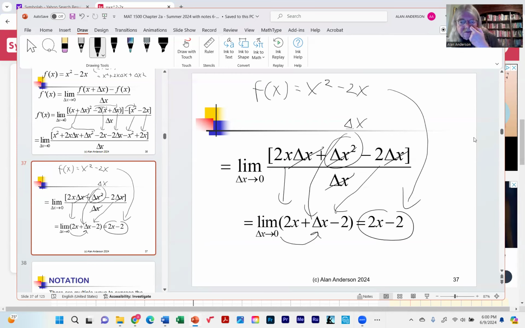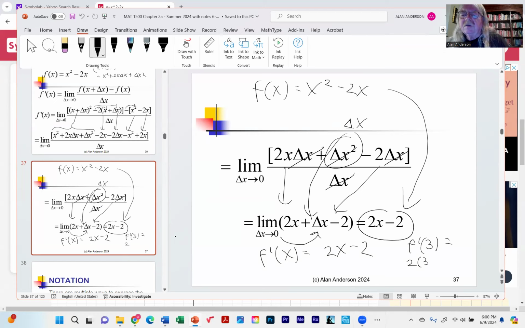And also, let me just make it clear here that this is f prime of x. So if, for example, I want to know the derivative when x equals 3, it would be 2 times 3 minus 2, which is 4.